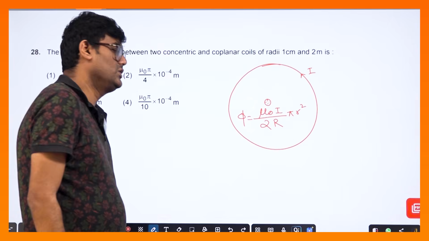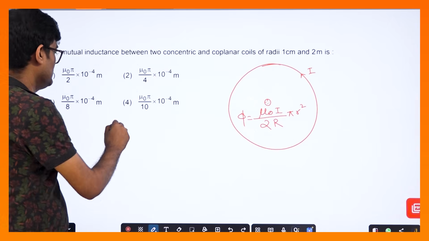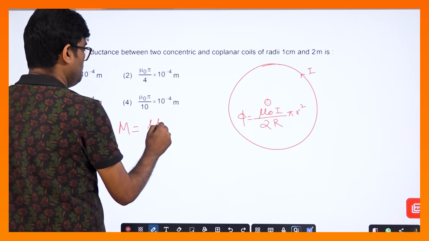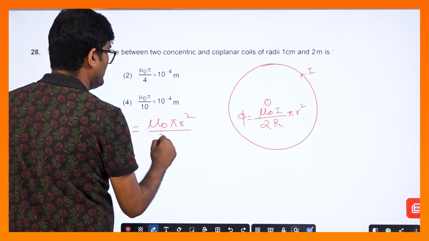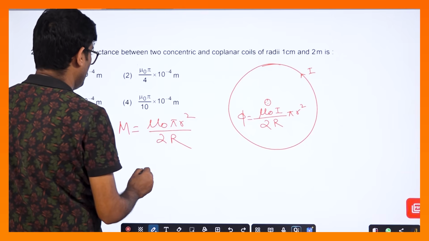Now this flux is equal to mutual inductance into current. So the value of mutual inductance is equal to mu naught pi small r square divided by 2 capital R, right?